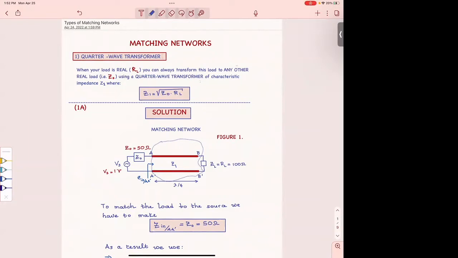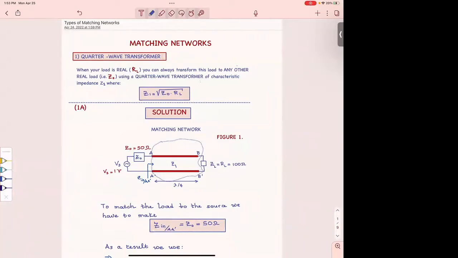And how do we do this? By selecting the length of that section of line that we put between the load and the source, and also by selecting the characteristic impedance. It's called quarter wave because the length is a quarter of a wavelength, and the characteristic impedance for this section of line is given by a square root.